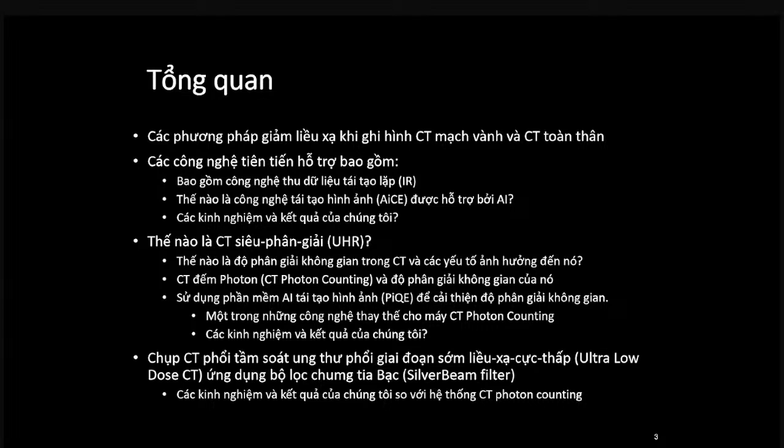Then I will talk about what is ultra-high resolution CT, and what is the spatial resolution of CT scanners and the factors affecting it. I will talk a bit about photon counting CT scanners and their spatial resolution, as well as using AI reconstruction software to improve spatial resolution as an alternative to buying an expensive PC-CT scanner, and what is our experience and our results using this type of software.